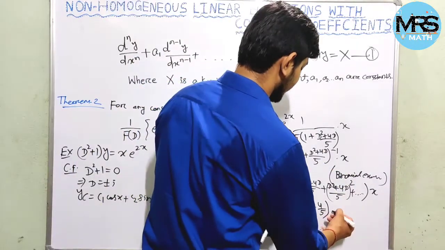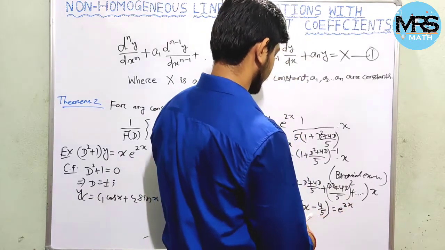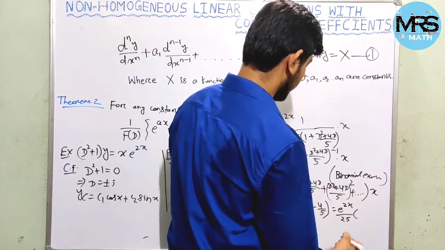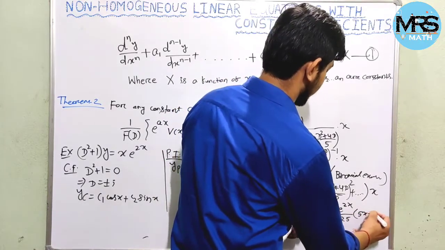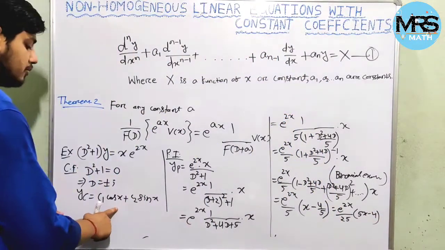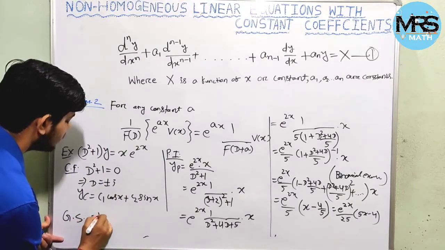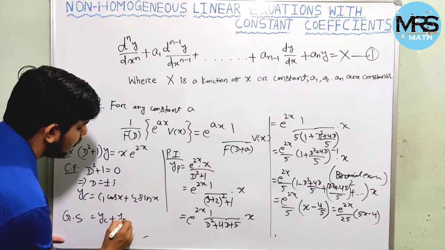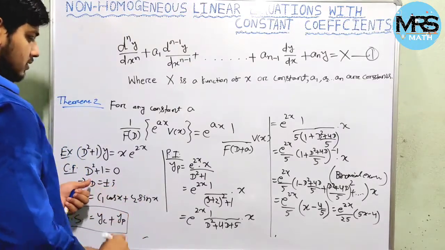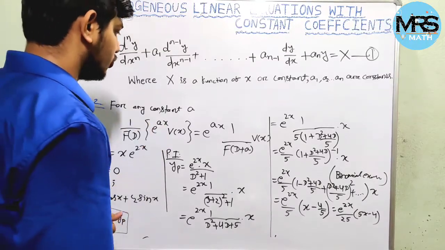So the final answer is e to the power 2x, and multiplying by 5, this will be 25 into 5x minus 4. This is our particular integral and this is our complementary function. So the general solution will be yc plus yp. This is the solution of this problem using theorem number 2.